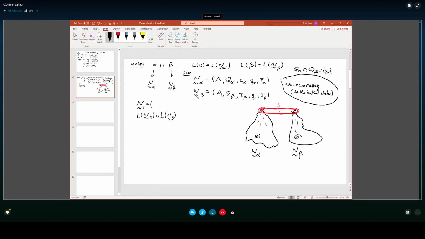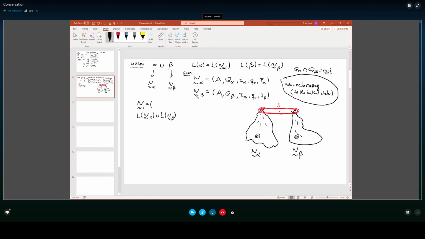So, that means now we actually want to define N1. N1 is the union automaton, and of course it has to have certain things. It has to have an alphabet. Well, there's nothing to be gained by changing the alphabet, so this is again the same alphabet.